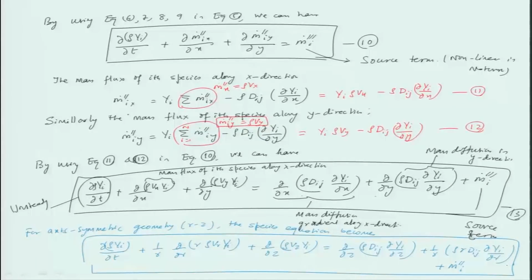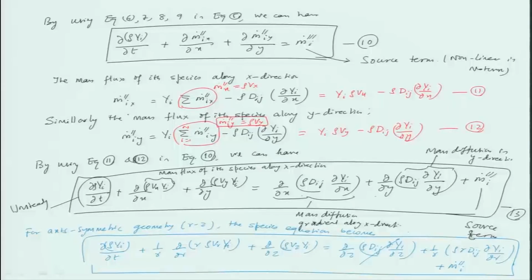Keep in mind that generally this axial diffusion, that means z is your axial direction, is very, very small and is neglected as compared to radial diffusion.